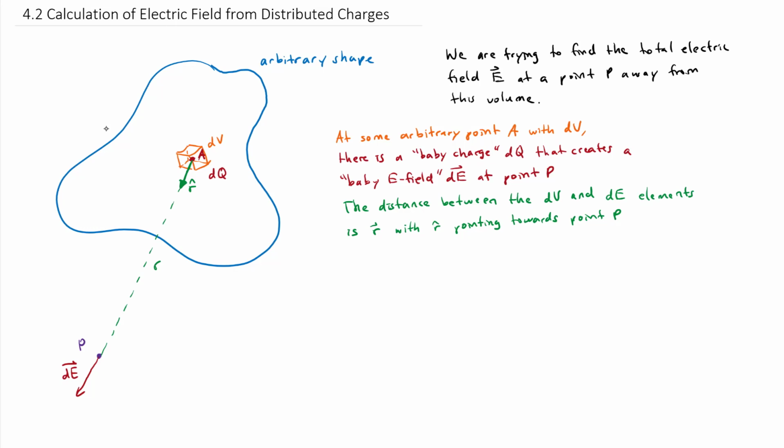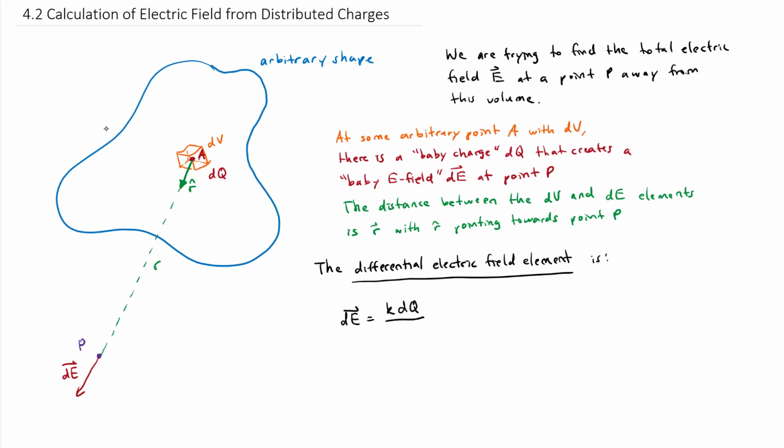So the differential electric field element, dE, is equal to, remember we have kq over r squared for our equation for electric field, but in this case we don't have total charge q, we have a baby charge dq that corresponds to the baby electric field.